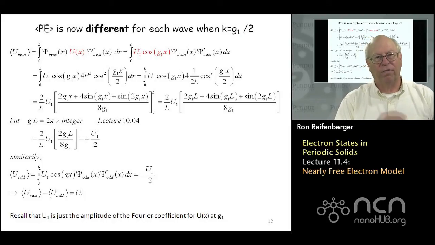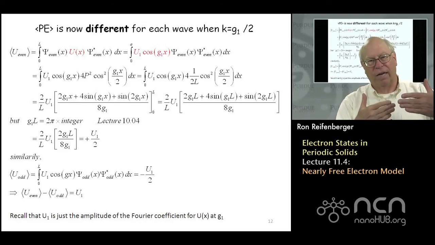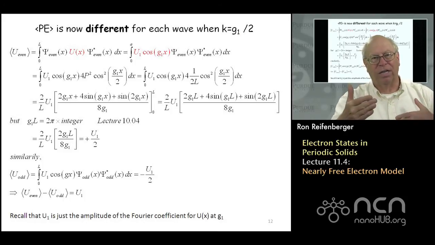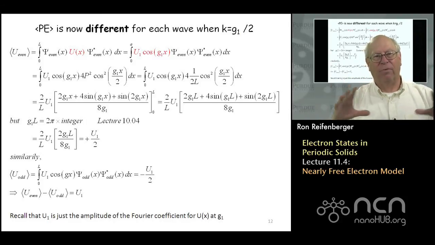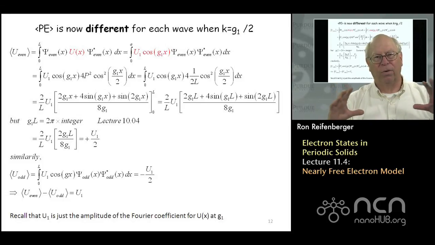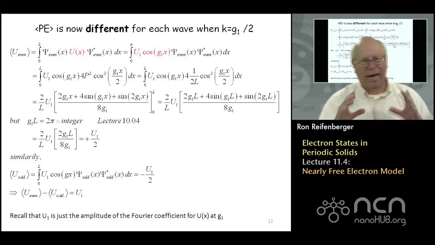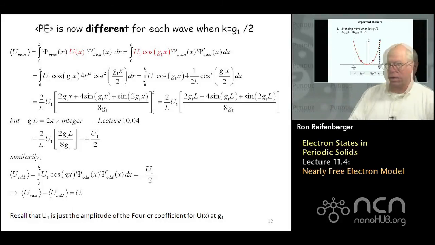It's somewhat intuitive if you just consider that the electron states can be reflected, and if the reflection occurs at a particular wavelength, it will constructively interfere with the incident electron states that are trying to propagate through this lattice. The net result is a standing wave which no longer moves through the lattice, but which is locked in phase with the atom cores. So that's the nearly free electron model in a nutshell.